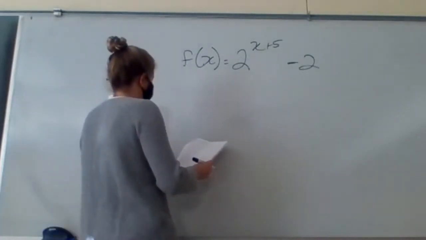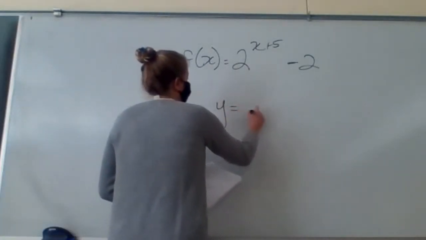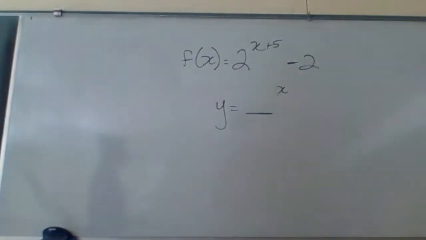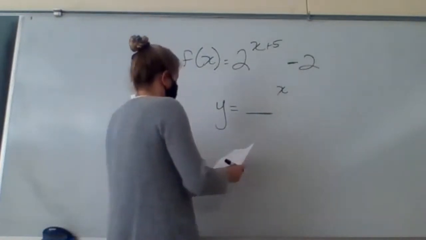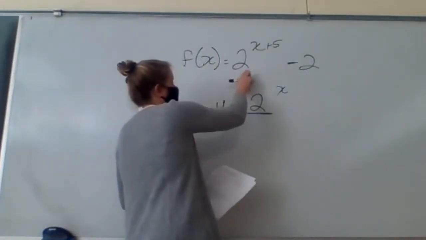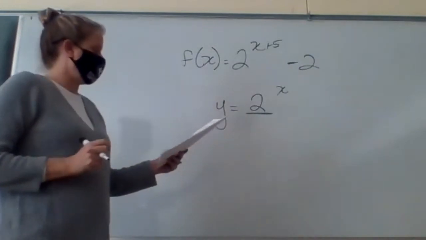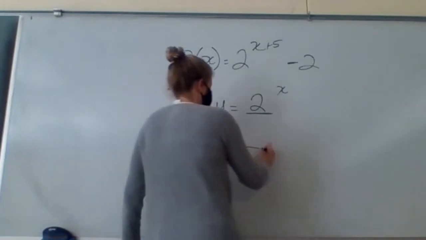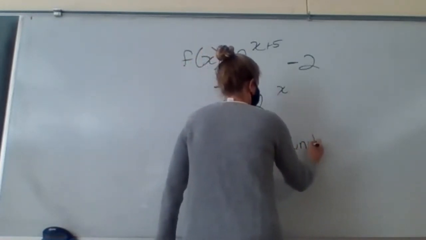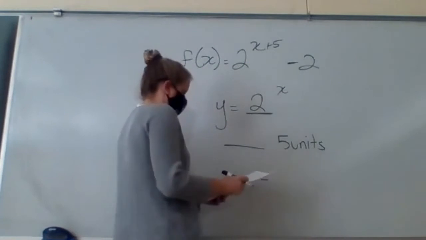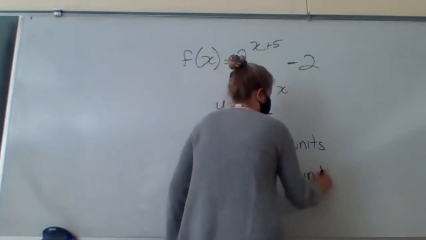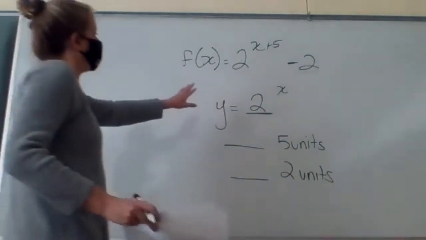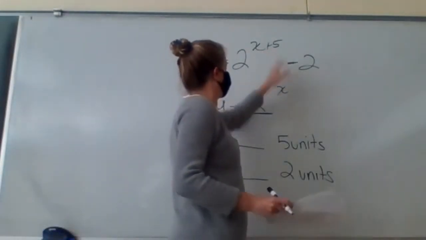It's going to be y equals, then it'll have a blank, to the x power. So you put your base here, right? That's your base, 2 to the x power, and then you're going to shift it somewhere 5 units. And then another blank, 2 units.